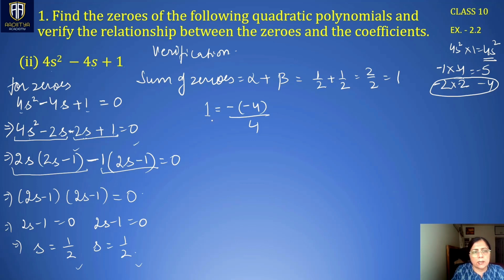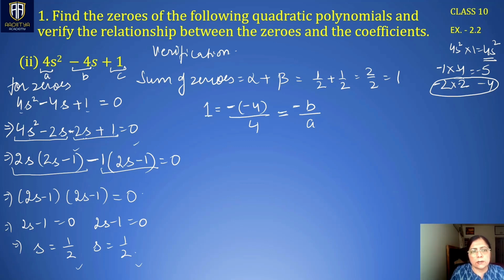It can be expressed as minus b by a. Here b is negative 4, a is 4 and c is 1. So this minus sign is for the formula, and in place of b we have negative 4, and in place of a we have 4. So minus minus 4 is plus 4, divided by plus 4 is plus 1.